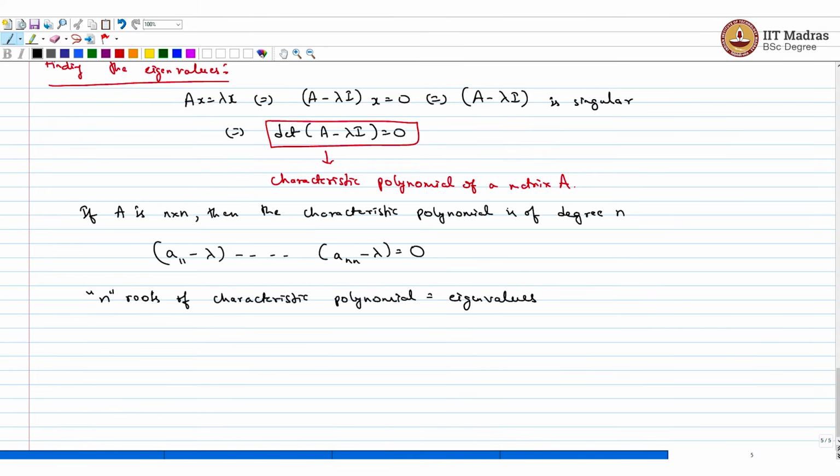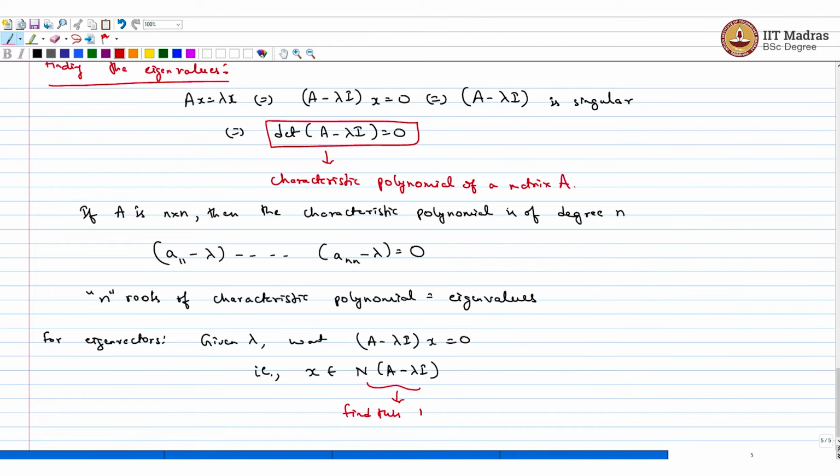So for eigenvectors, if you are given a lambda, we want (A minus lambda I) x equals 0, that is, x belongs to the null space of A minus lambda I. Find this to obtain an eigenvector corresponding to eigenvalue lambda.